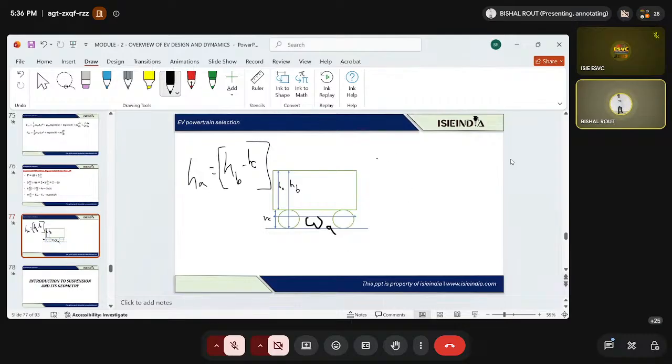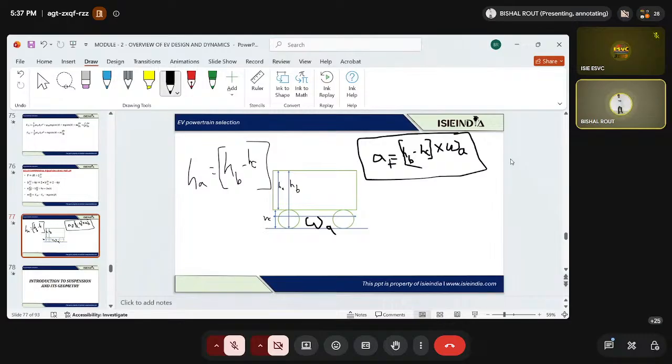So if I want to calculate the frontal area, it is nothing but HB minus HC, multiplied by the width WA. This is the frontal area of a vehicle, given by AF.